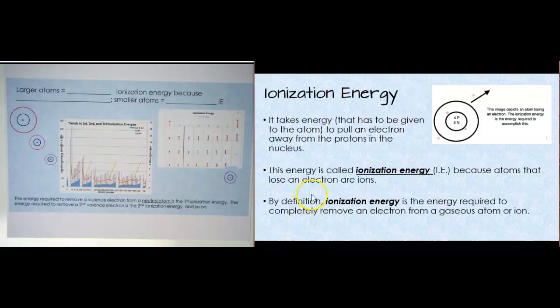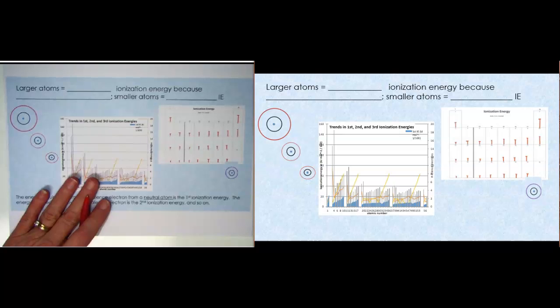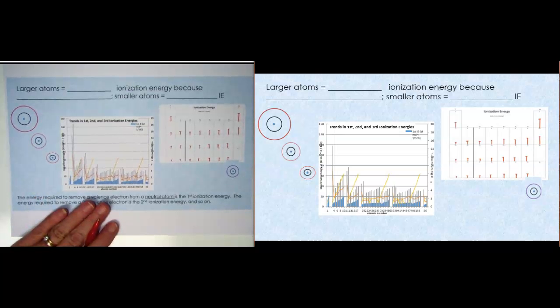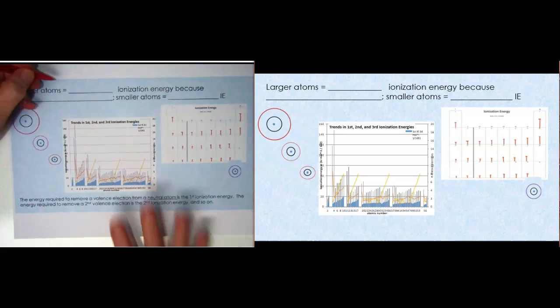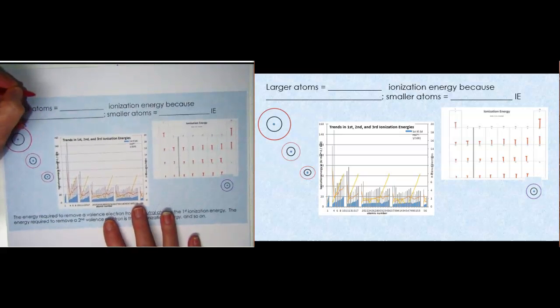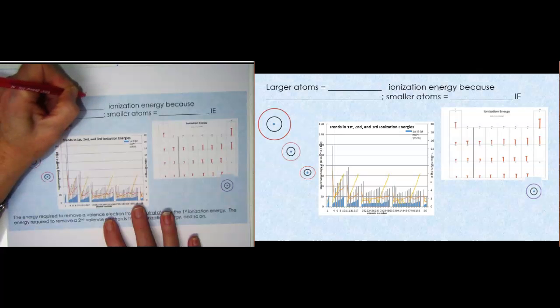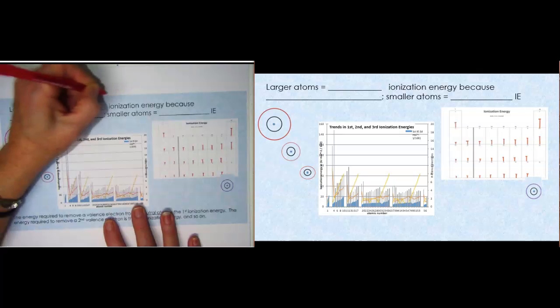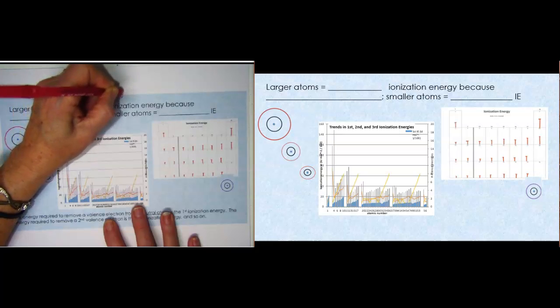How much energy does it take to pull it away? All right, so here you see this picture, and I'm going to draw it over here so that we can go as fast as we possibly can. We already know from atomic radius, larger atoms hold electrons less tightly.